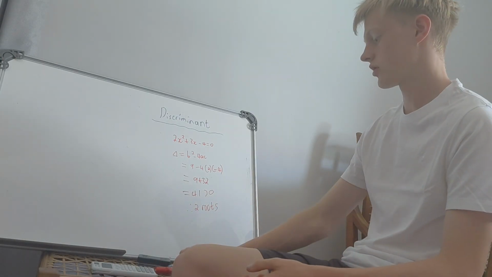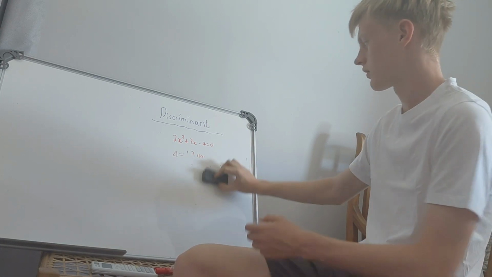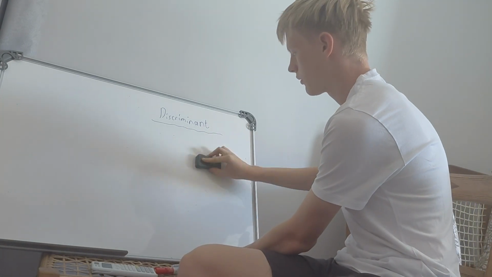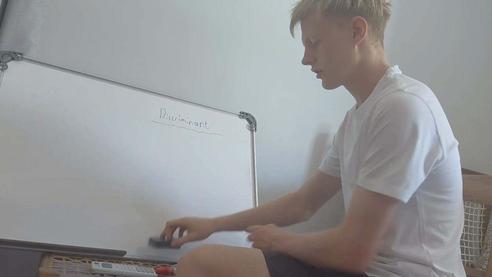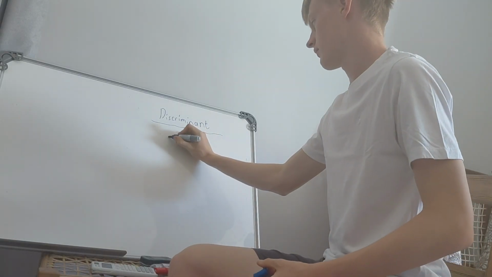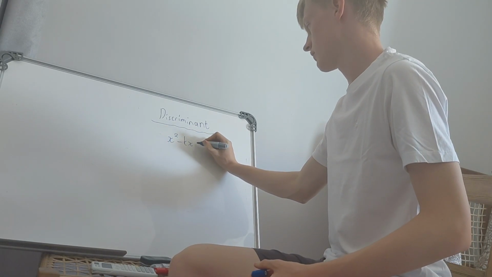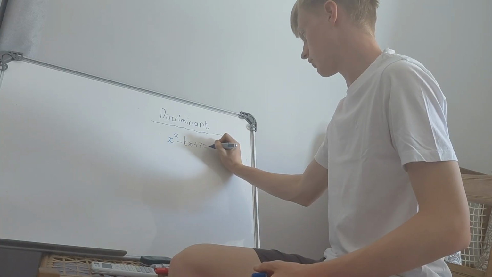There's another type of question which you may encounter quite often to do with variables. So you can plug a variable into this. So say we have x squared minus kx plus 3 equals 0.